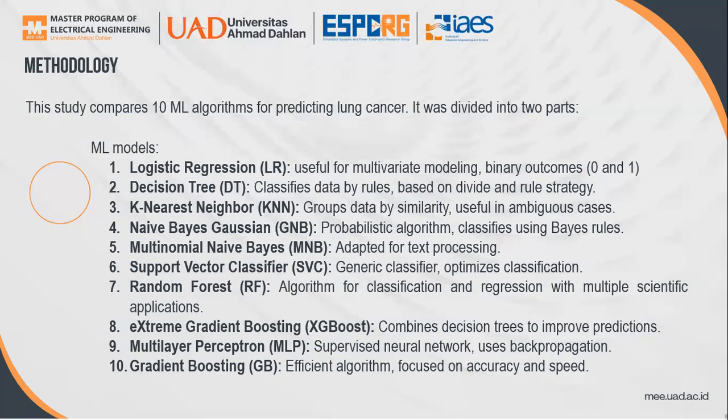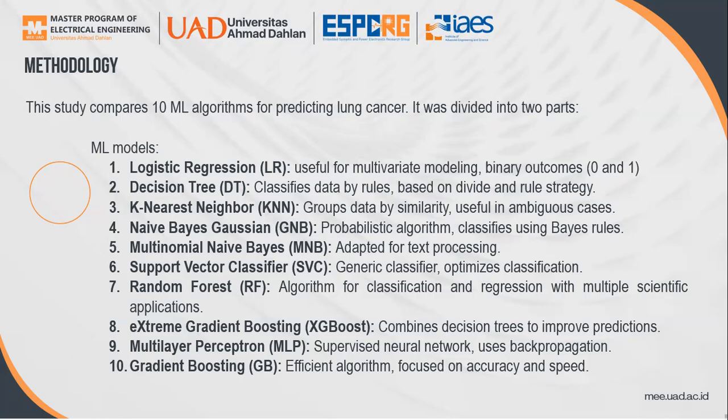Methodology. This study compares 10 machine learning algorithms for predicting lung cancer. It was divided into 2 parts. First, the machine learning models. Logistic regression, useful for modeling binary outcomes, 0 and 1.